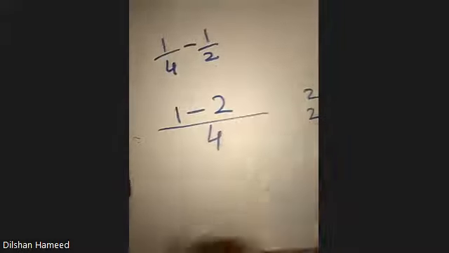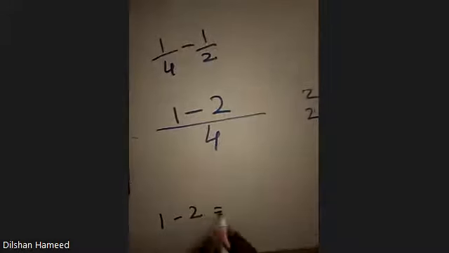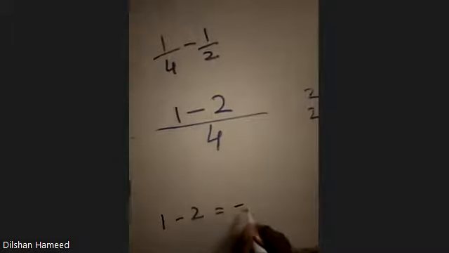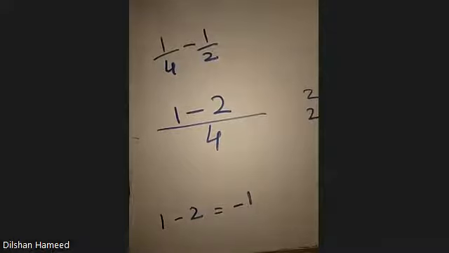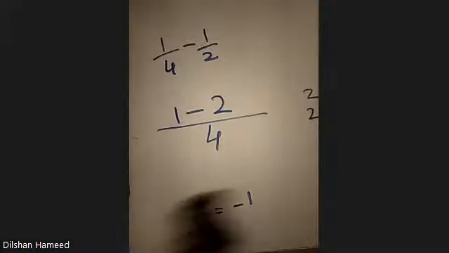We studied in the last class. 1 minus 2 is equal to minus, how much? Minus 1, because you have 2 people in the queue and you give them only 1. So there is a balance of 1 you have to give. So that minus 1, you put it here.